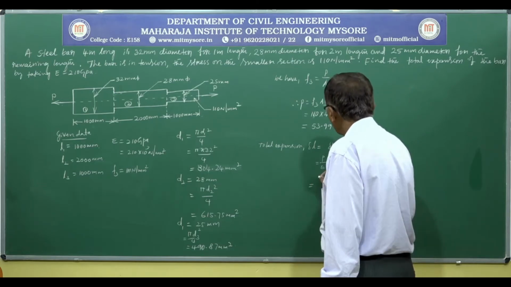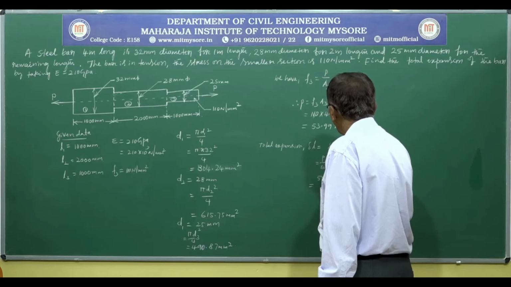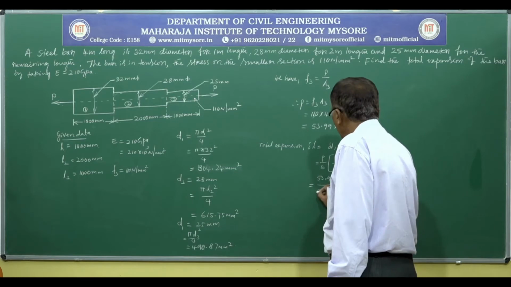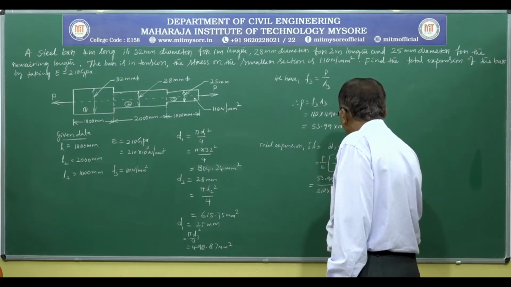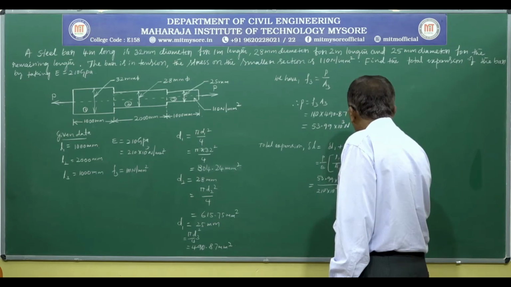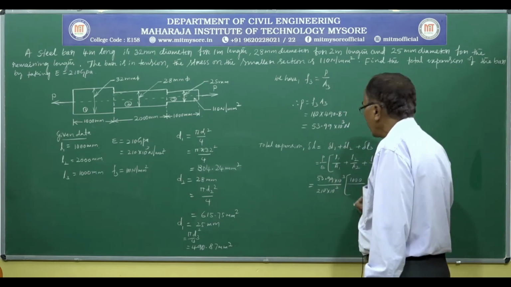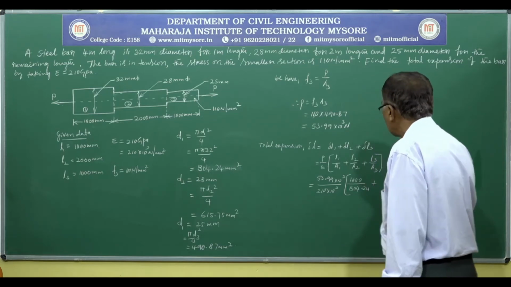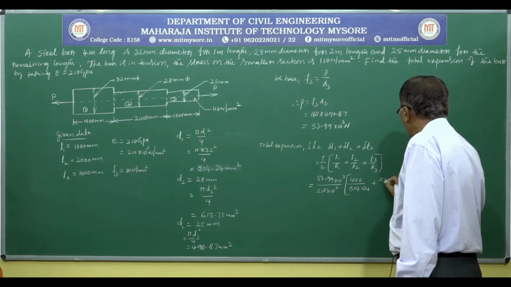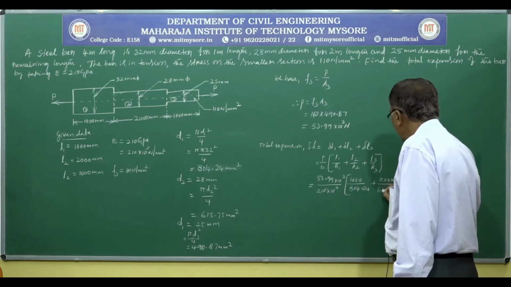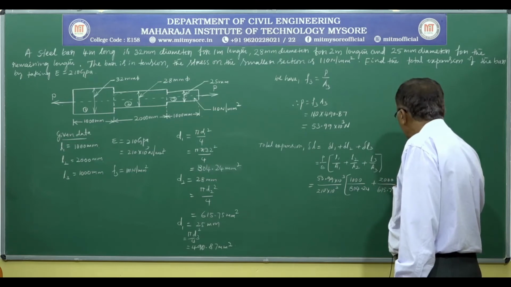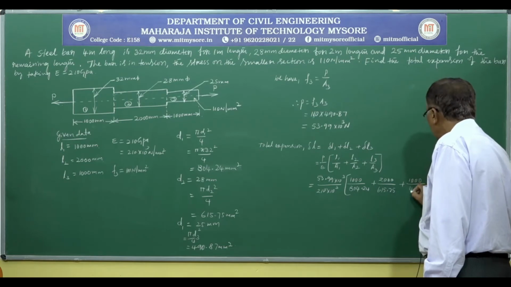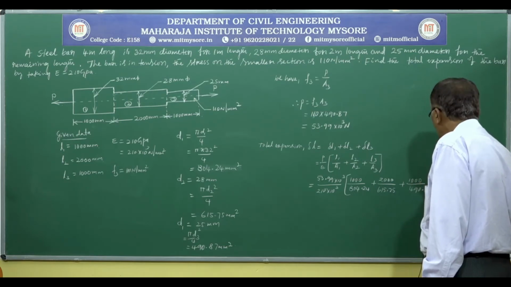That is equal to 53.99 into 10 power 3 divided by 210 into 10 power 3, into 1000 divided by 804.24 plus 2000 divided by 615.75 plus 1000 divided by 490.87.